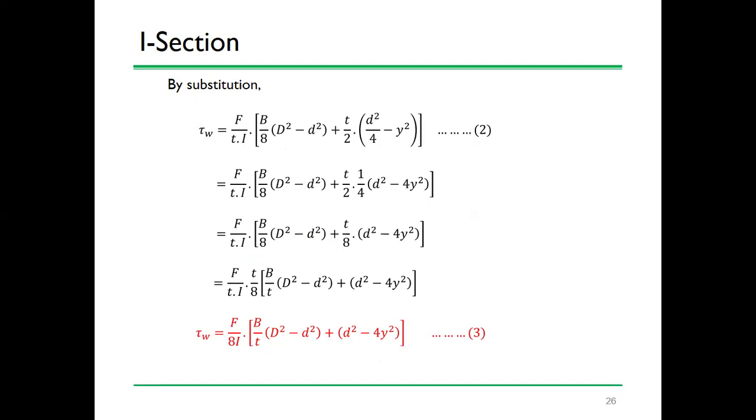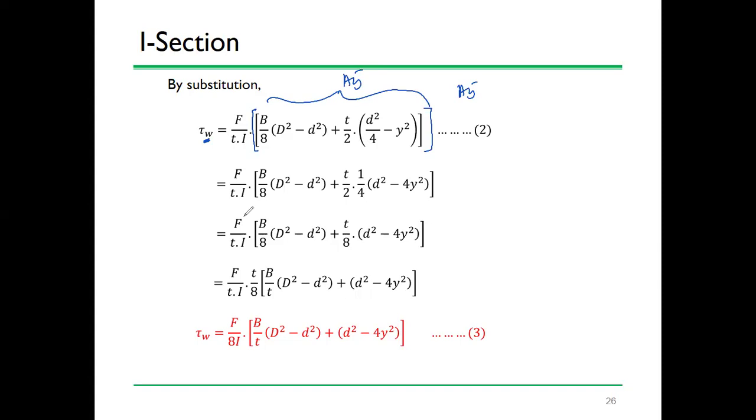As you can see, I'm using small w to represent the shear stress in the web. So this one is the substitution. You can see the F, you can see the T, you can see the I. And this in the square bracket here was what we just calculated, the A y bar.